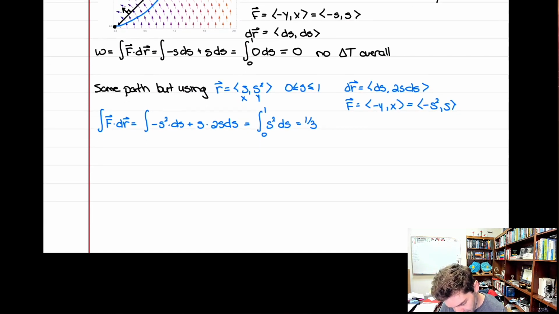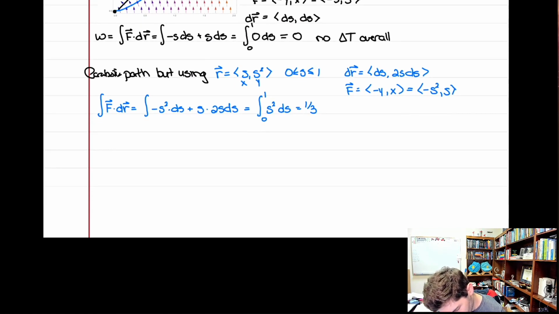Now let me do the same path. So yeah, this was not the same path. So this was a parabolic path. Now let me do the same path, but let me have it go, let's say, (s squared, s to the fourth), as s goes from 0 to 1.